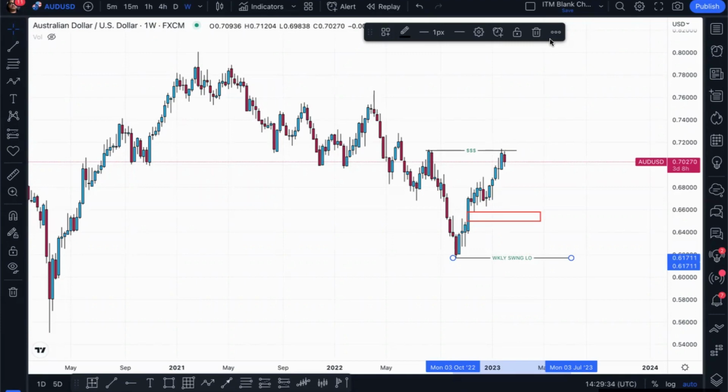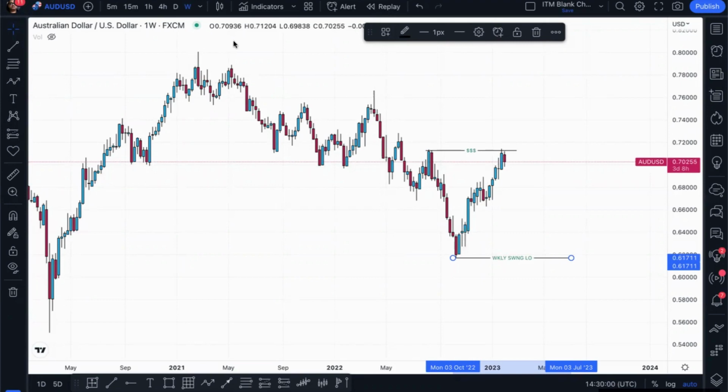The reason I don't like them is that elongated wicks represent a lot of trading activity. That means buying and selling actually happened here. It also means there are no imbalances or pending orders in this area, which were created by this imbalance. So that's why I don't like elongated wicks, whether upside or downside.